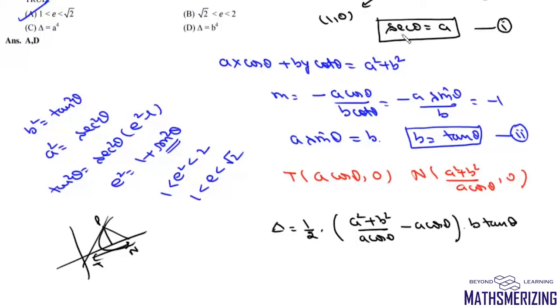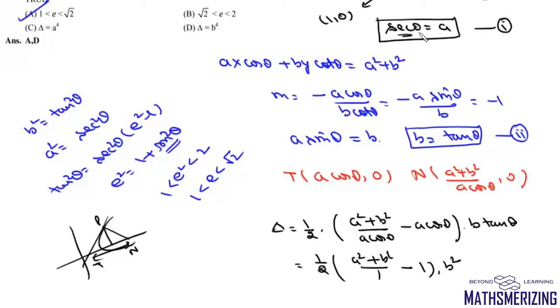Now we have already worked out that secant theta is a and tan theta is b. So we'll put these values. We'll get 1 by 2 into a squared plus b squared minus 1. Now what is a cos theta? A cos theta is 1, and b tan theta is b into b, and that is b squared.